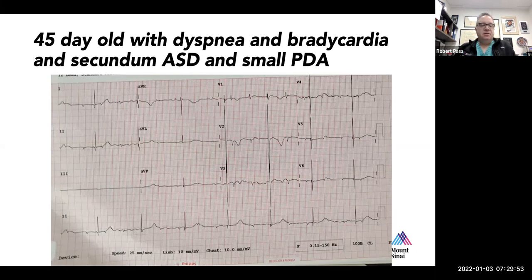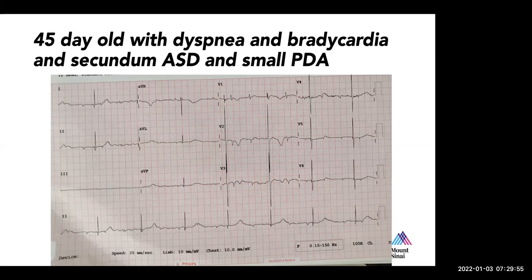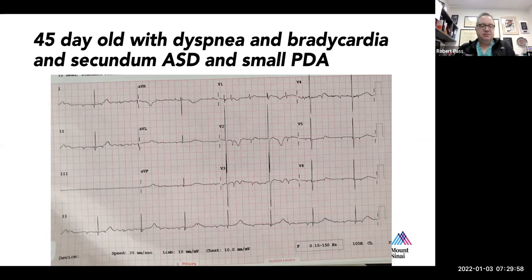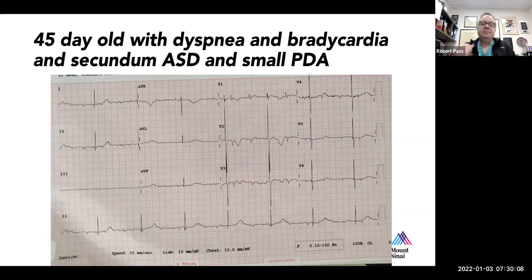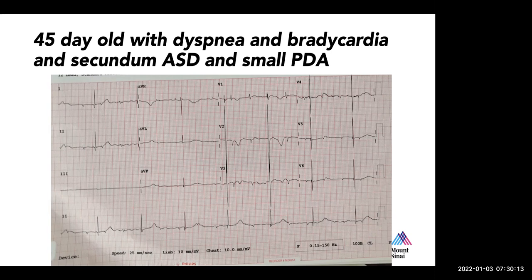That would be correct. And what is the atrial rate about? Oh, atrial rate is about 150 or so. Yep. Which would be a much more normal rate, right? Yeah, normal for a 45-day-old.